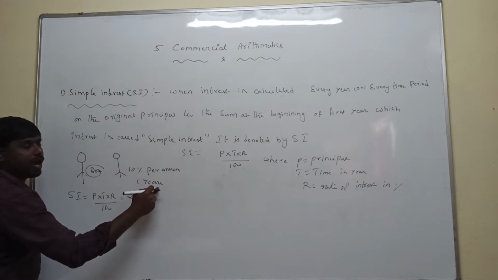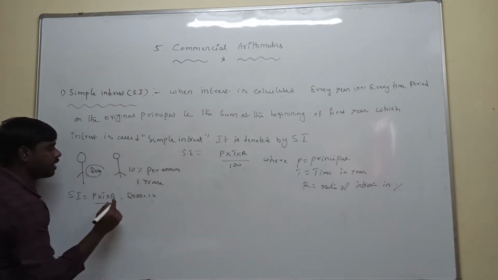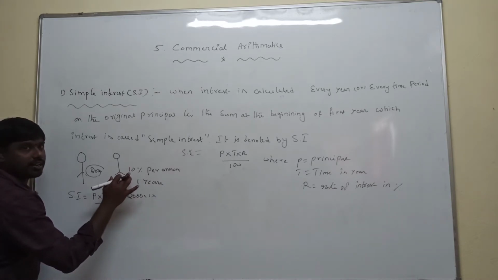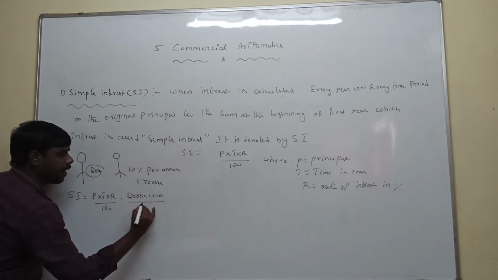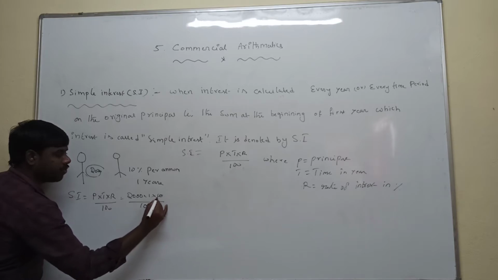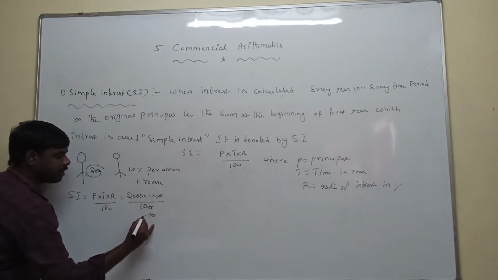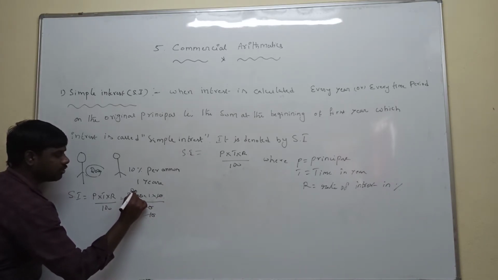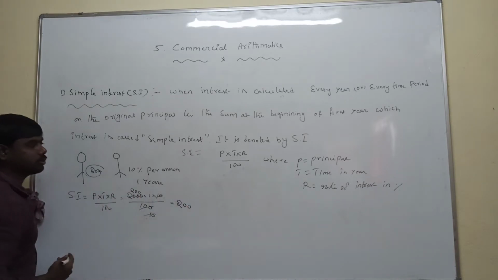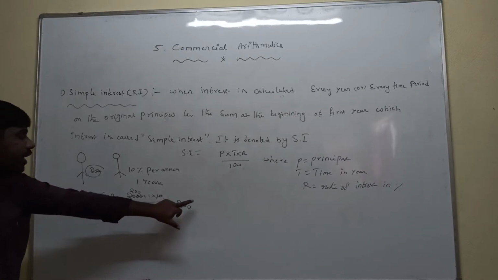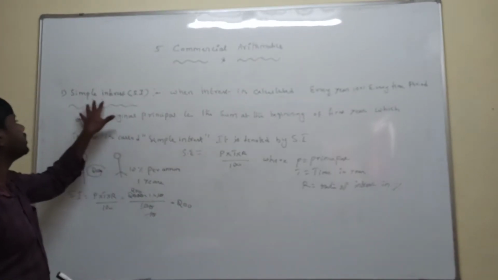Only 1 year, that is 1, into the rate of interest, which is 10%, that's why 10 by 100. So the total amount is 200 rupees. That 200 rupees is called simple interest.